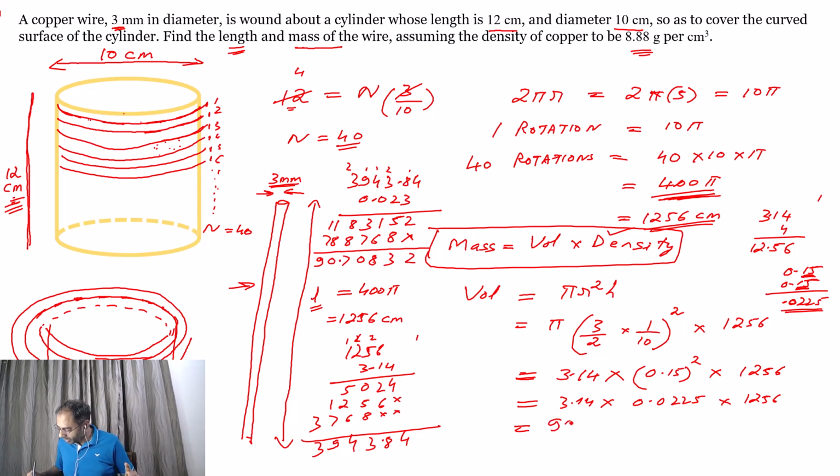So it comes to 90.7. In case there is any calculation mistake, I would request you to check at your end as well. And mass is equal to, so this is 90.7 centimeter cube, so 90.7 into 8.88.